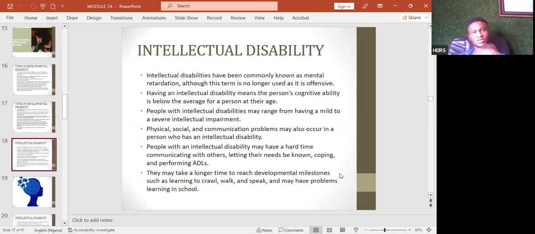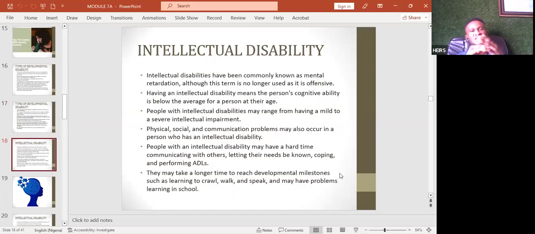The first we'll be discussing is intellectual disability. Now, intellectual, from the word intellect, when you tell someone that you are very intelligent, it means that the person is intellectually sound.